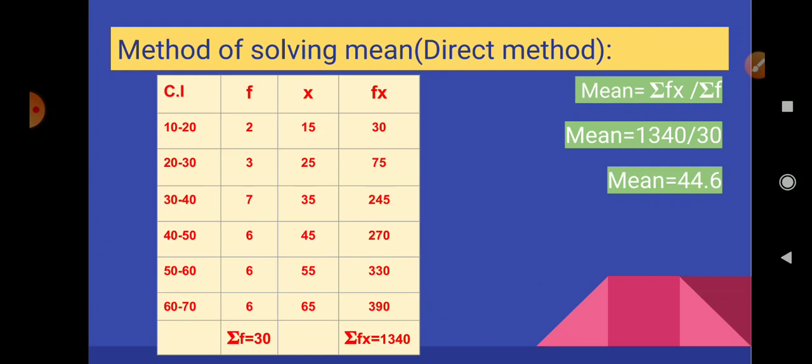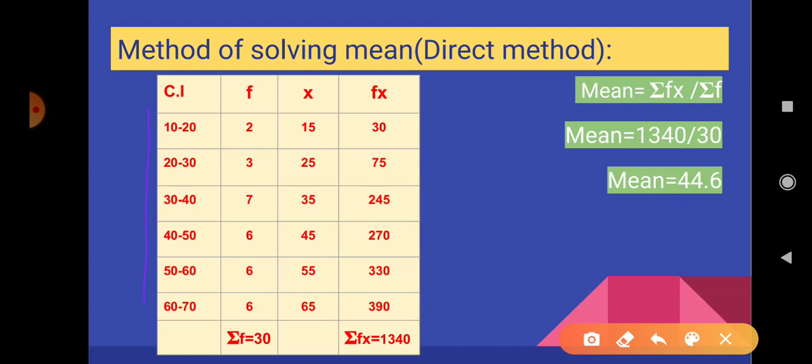So observe, the same class intervals we wrote here: 10 to 20, 20 to 30, 30 to 40, 40 to 50, 50 to 60, 60 to 70, with f as 2, 3, 7, 6, 6, 6. As you all observed, whether it is the direct method, assumed mean method or step deviation method, the denominator is sigma f.